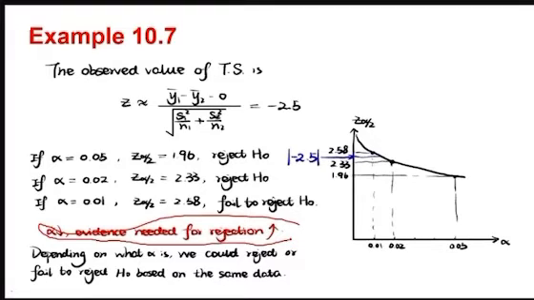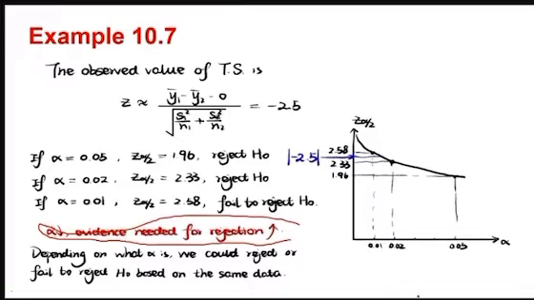So what determines the decision to be taken is the level of alpha. Now, if I don't want to take the decision comparing the test statistic with the critical value, what is the alternative way to take a decision?